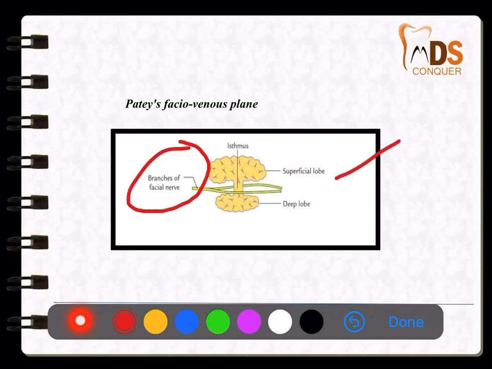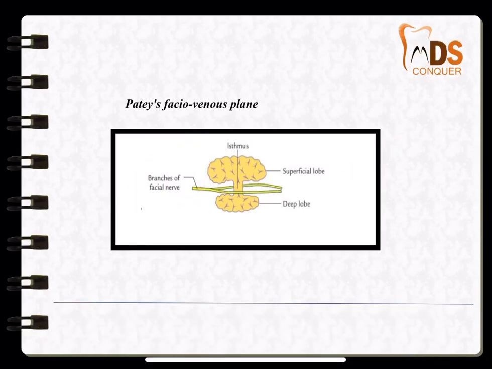This is also called Patey's operation. Superficial parotidectomy is also called Patey's operation. We can see in the pictures the superficial and the deep lobe surrounded by the H-shaped isthmus, which is glandular tissue wherein the branches of the facial nerve lie. This plane is used by the surgeons to remove the parotid tumor. That's the thing you have to remember.